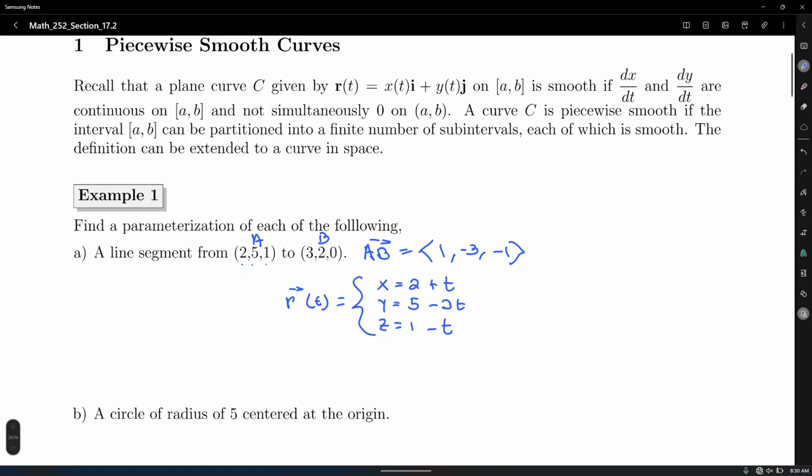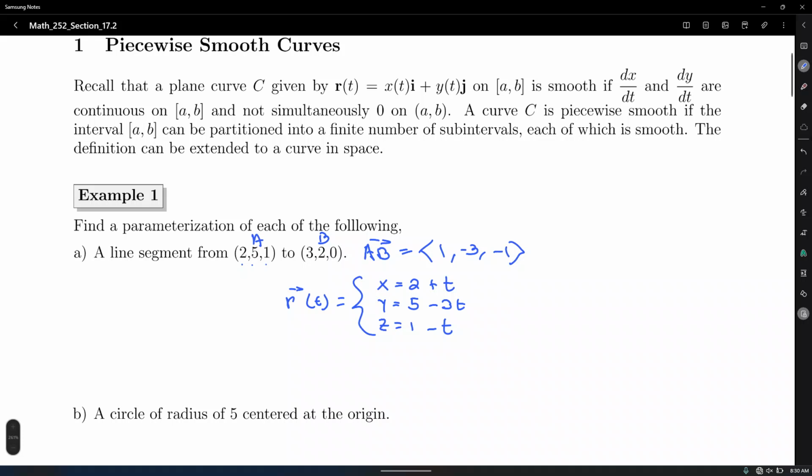So this is how we parameterize a line. That's basically week 1 material, right? Which we use in some of the subsequent weeks as well. So we're bringing it back, we're reviewing this, because we're going to do a lot of these parameterizations in this section, and pretty much the rest of the chapter.